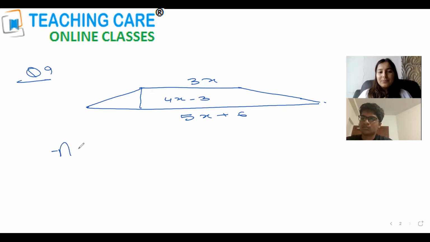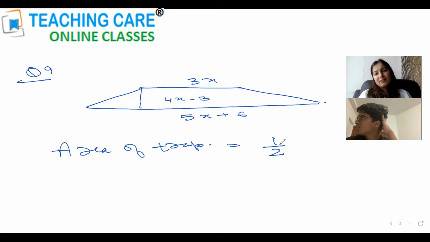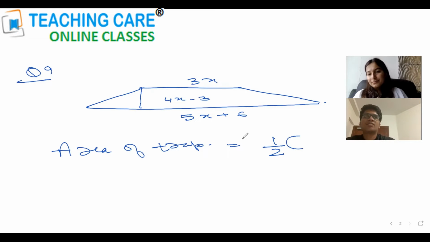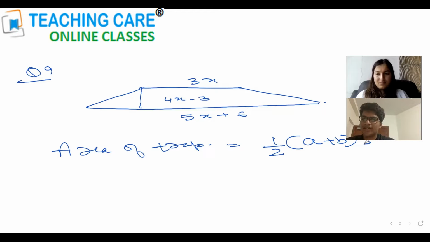So the area of a trapezium is what? Both the parallel sides added together times the perpendicular distance, which is the height, and divide by 2. Put the values and then we will discuss.